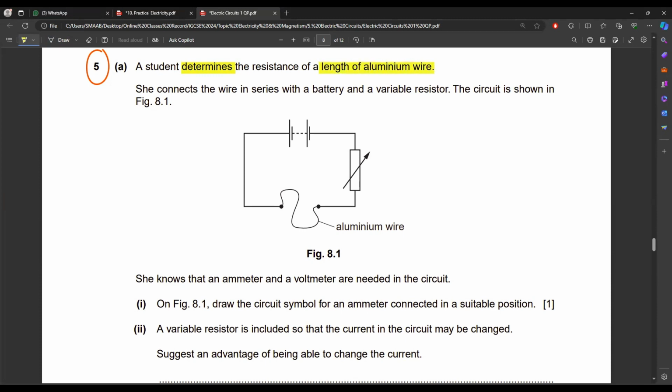So she connects the live wire in series with a battery and variable resistor. Variable resistor is just like there is a knob and you can change the value of resistance by yourself. It is not fixed. And she knows that an ammeter and a voltmeter are needed in the circuit.